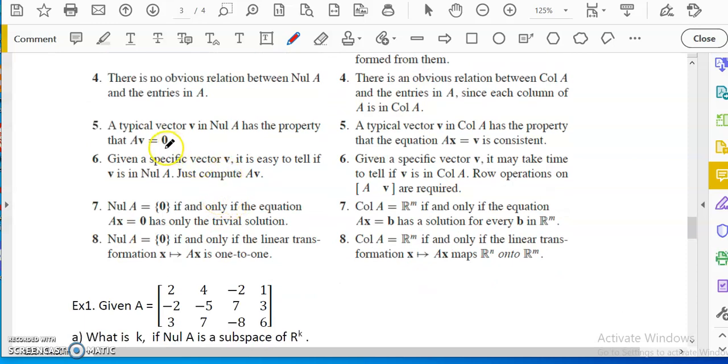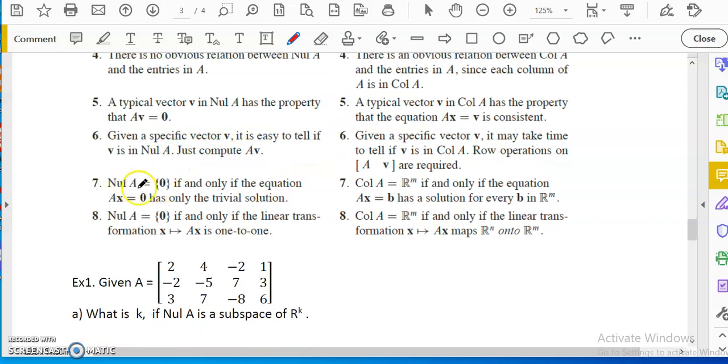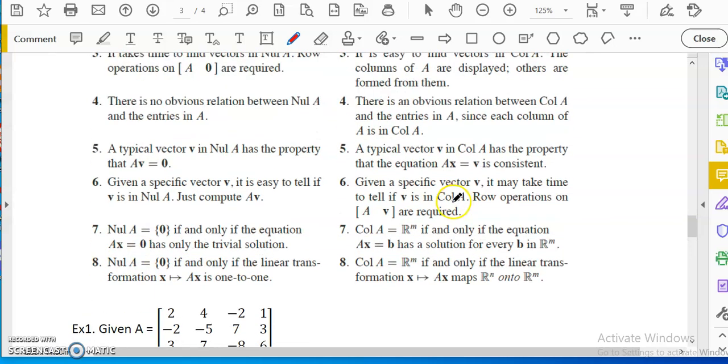You just compute Av. And Null A would only have one entry if Ax = 0 has only the trivial solution. Also, if the linear transformation is one-to-one, then the only thing in Null A is the zero vector.